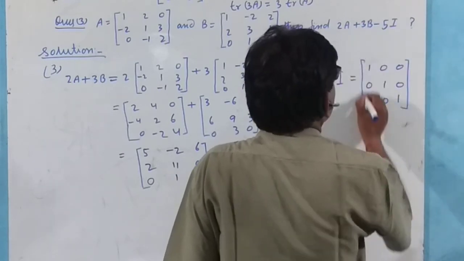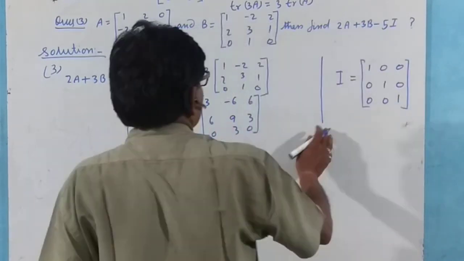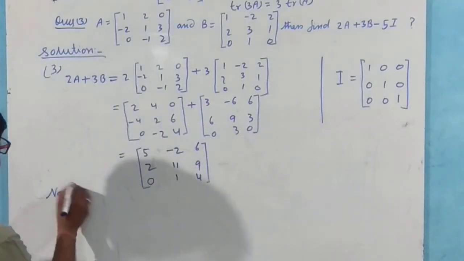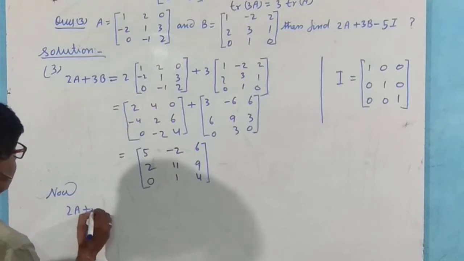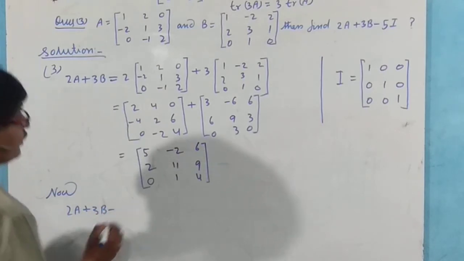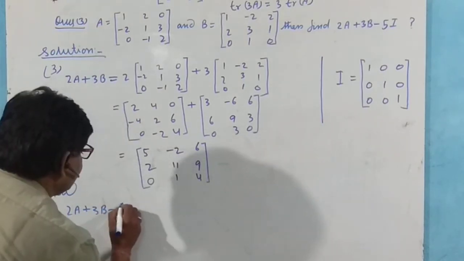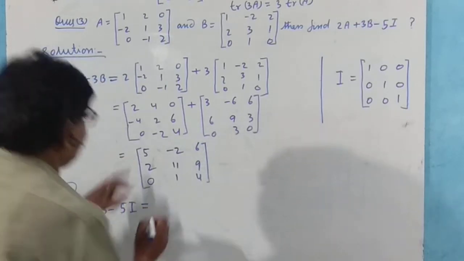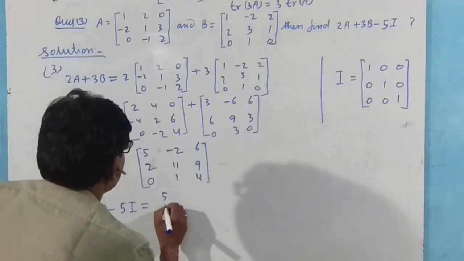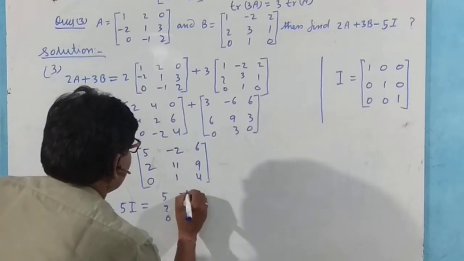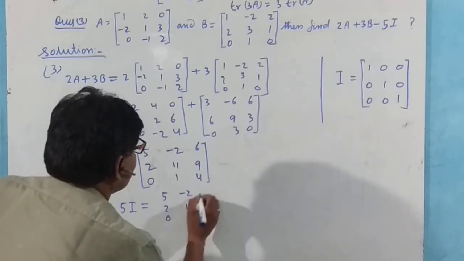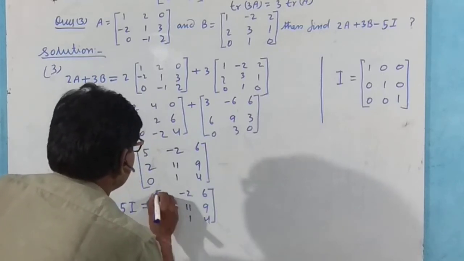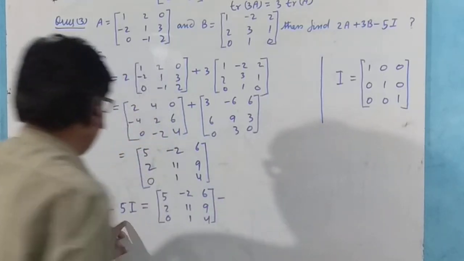Here I is equal to this, so that 2A plus 3B minus 5I equal to 2A plus 3B, this 5 2 0, minus 2 11 1, 6 9 4, minus 5I.